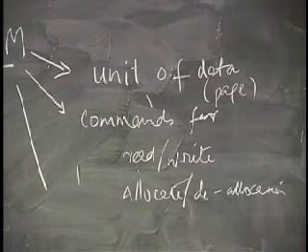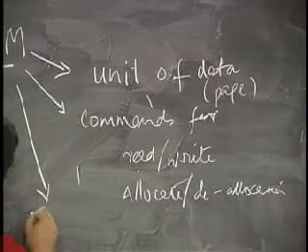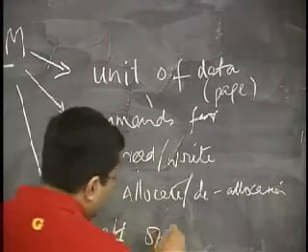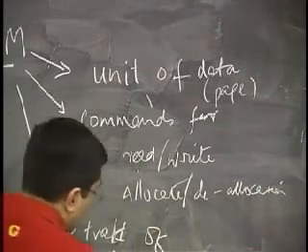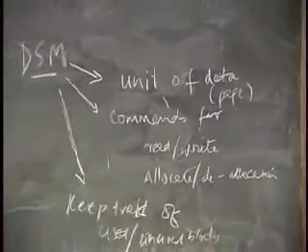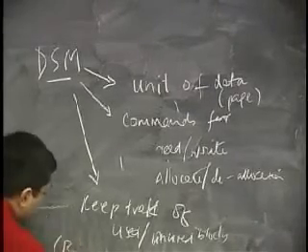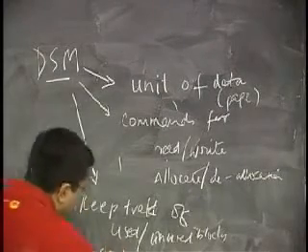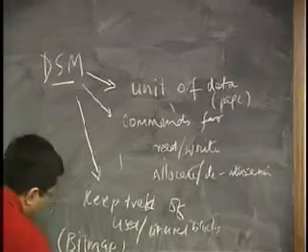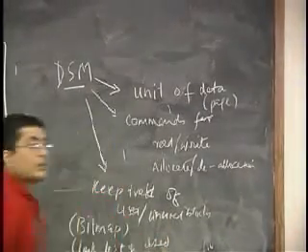Let me see a diagram I made. The most important part is it has to keep track of used or unused blocks, either by doing a bitmap that you can toggle between 0 or 1, used or unused, or it can keep a linked list of used blocks or unused blocks.